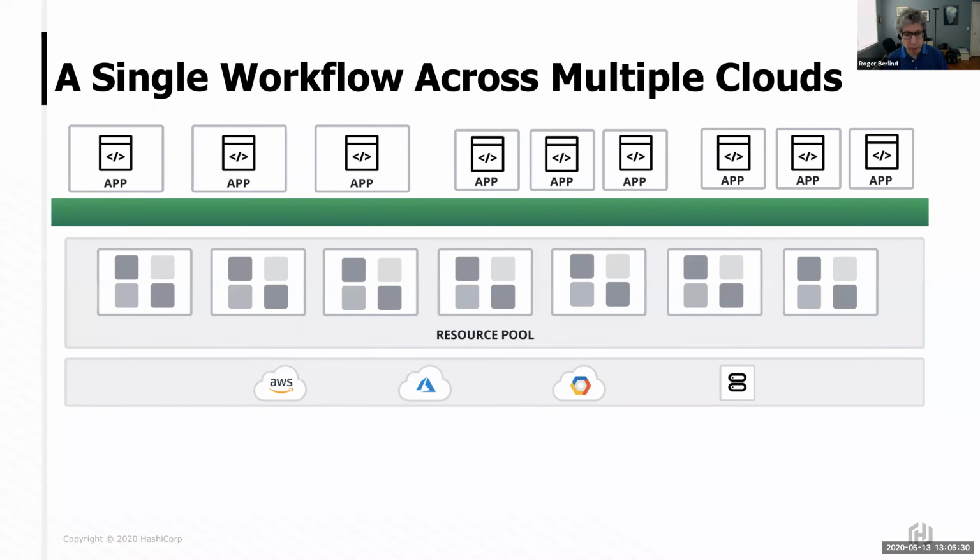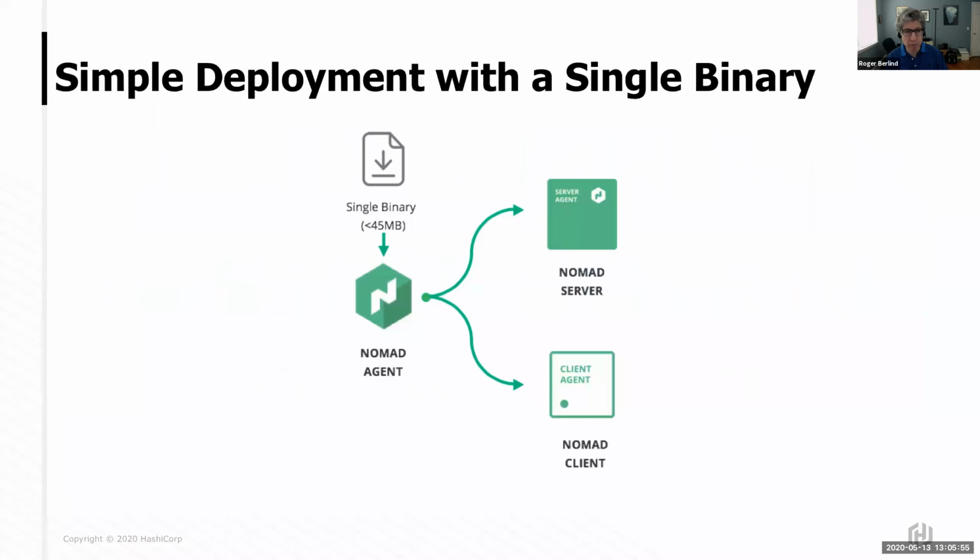Obviously, the big public clouds like AWS and Azure and Google and other clouds, as well as your own private clouds within your data centers. The green bar there is representing Nomad as an interface between them. Basically Nomad allows multiple resource pools, VMs with compute and memory resources and networking resources, to be shared by these applications.